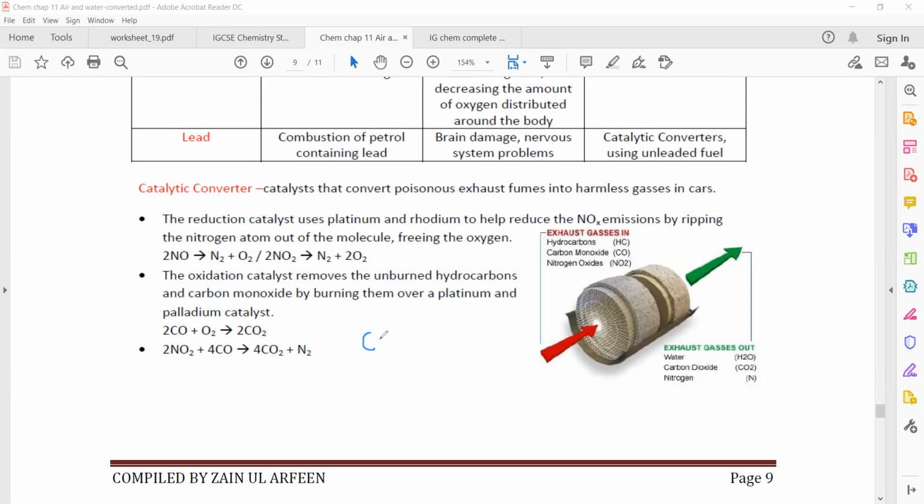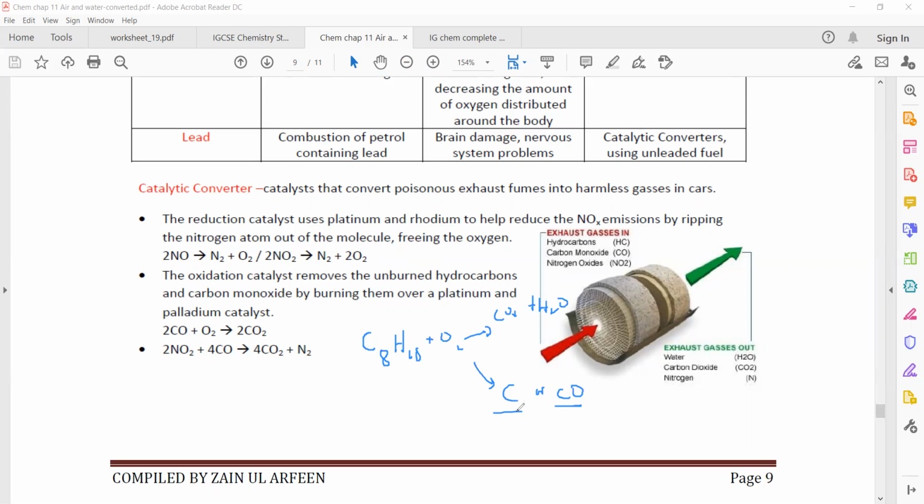releases harmful gases. For example, petrol is octane. Octane means C8H18. So when we burn it in the presence of oxygen, it gives carbon dioxide and water vapor. But if incomplete combustion occurs, it gives unburned carbon, or it also releases carbon monoxide.